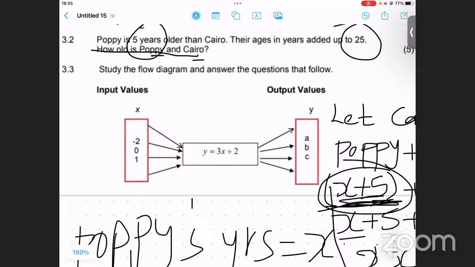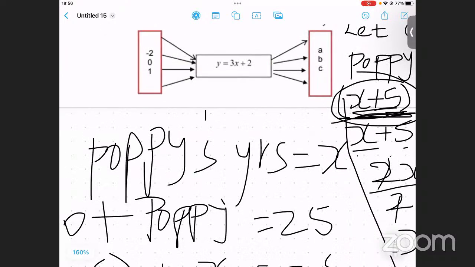We're going to substitute the input value into the process. Perfect. Okay. Our answer is going to be 5. Okay, 3 multiplied by 1 plus 2 is equal to 5.